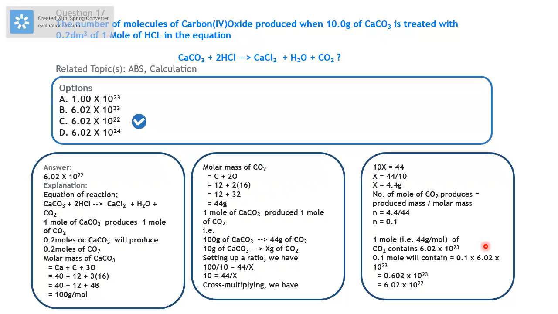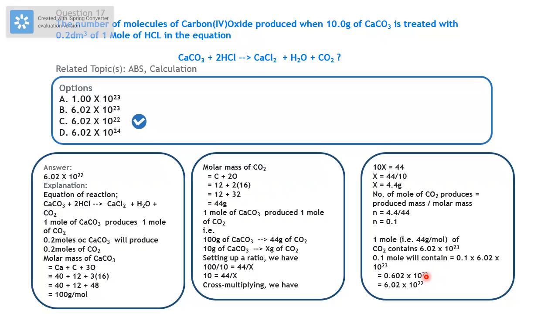Now 1 mole of carbon dioxide contains 6.02 times 10 raised to the power 23 particles. That is for 1 mole. For 0.1 mole, which is the number of mole that is produced here, that is going to be 0.1 times 6.02 times 10 raised to the power 23. 0.1 times 6.02 will give you 0.602.